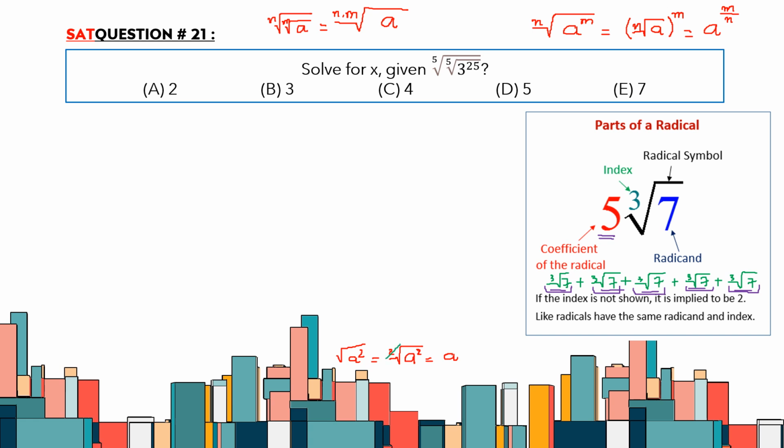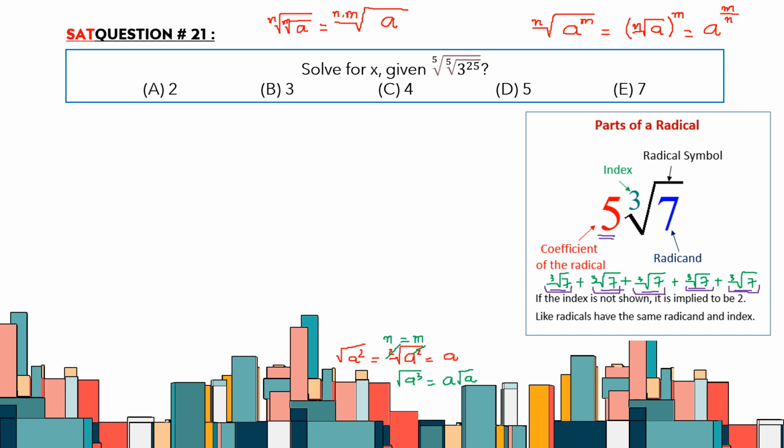Since this is the root n and the power m that are equal, you can take out one. If we have square root of a cubed, it could be a square root of a.